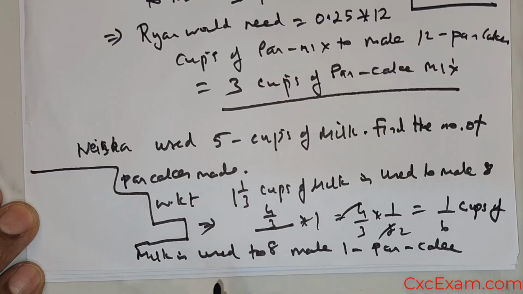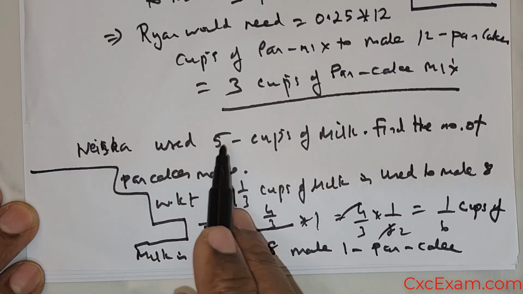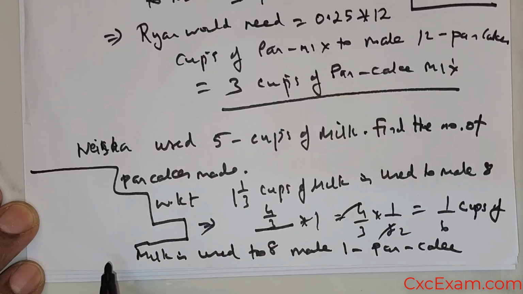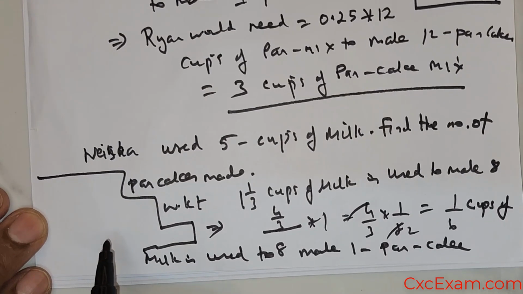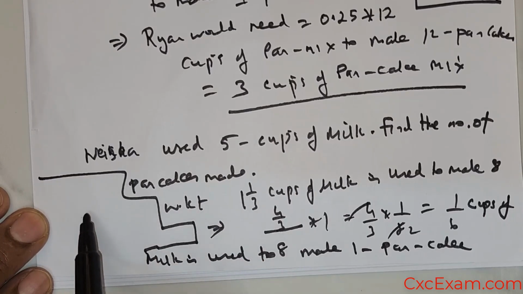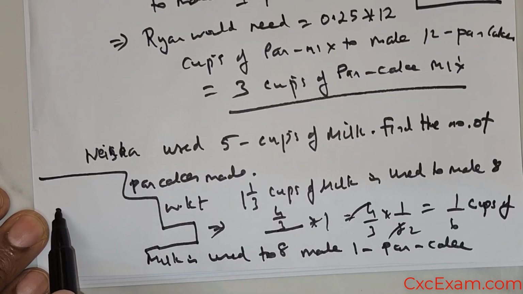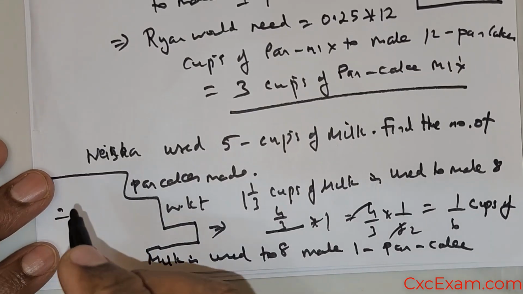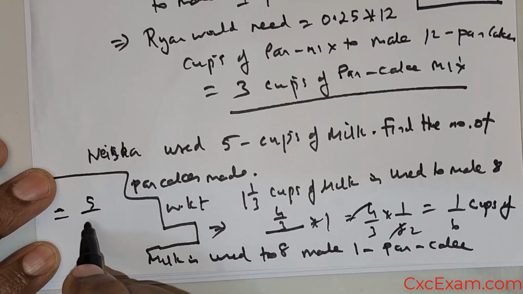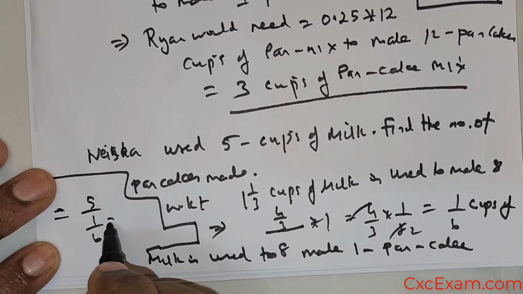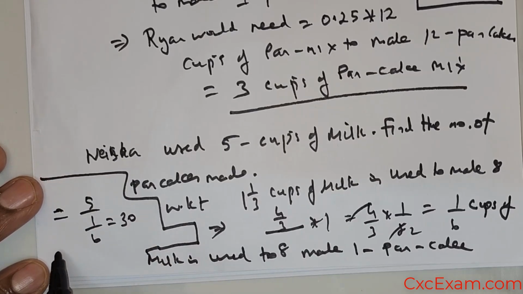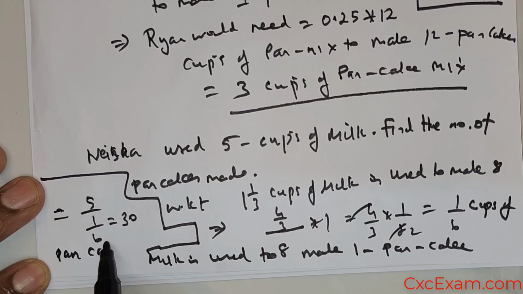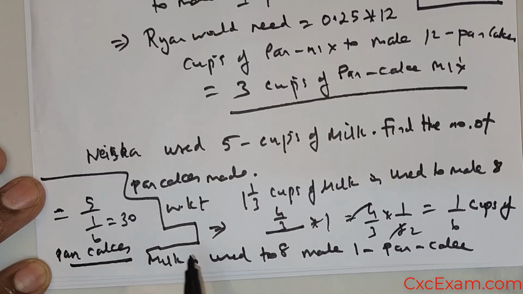So we need to get how many pancakes can be made in 5 cups. So what we have to do is set up the expression. In this case it's going to be 5 divided by 1/6, which is equal to 30 pancakes, and that will be the solution for this question.